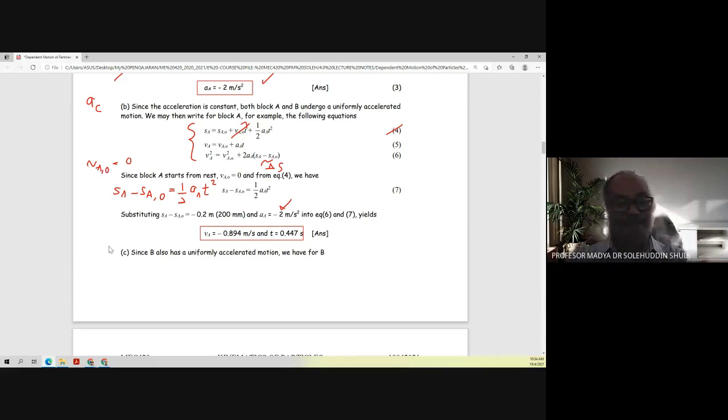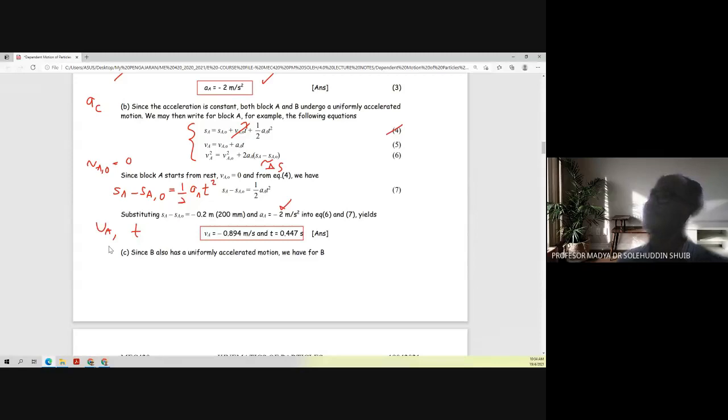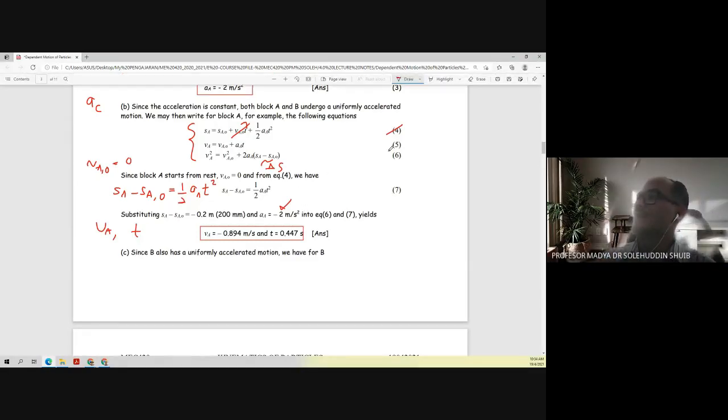Okay, now we have obtained v_A, and we have obtained the value of t in seconds, based on the constant acceleration equation that we have.